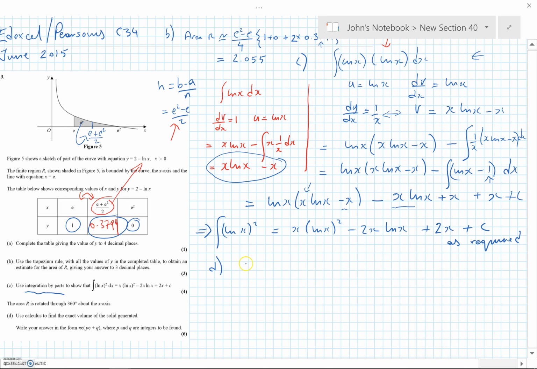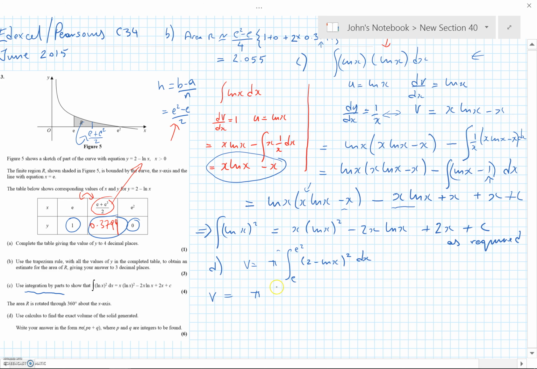So the volume is equal to pi, the integral between the limits of e squared to e of the actual function squared, which is 2 minus ln x, squared, dx.